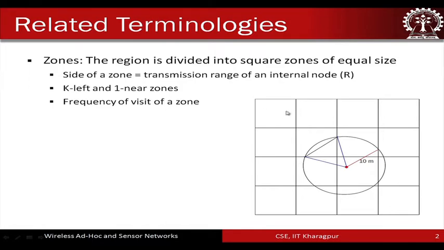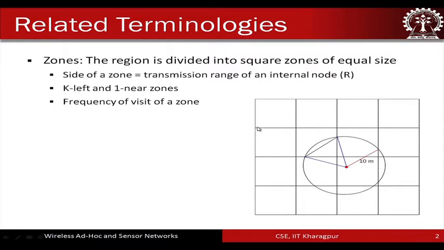The entire region has been segmented into square-shaped zones, and the side of the zone is equal to the transmission range of an internal node. And recall the concept of internal nodes and external nodes that we discussed in the context of MONs in the second part of the lectures.